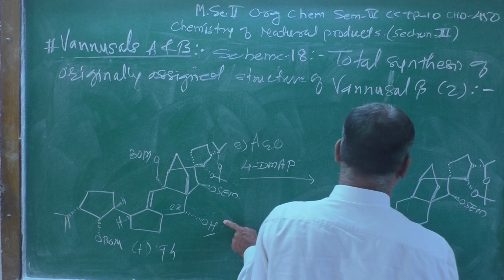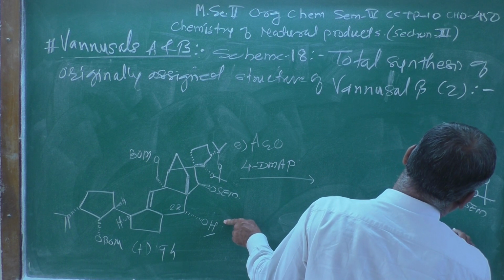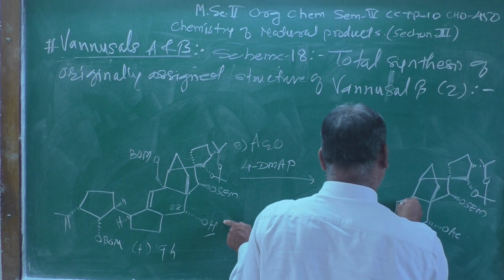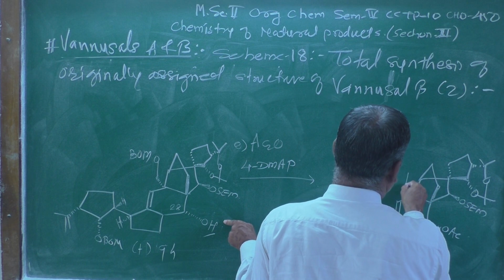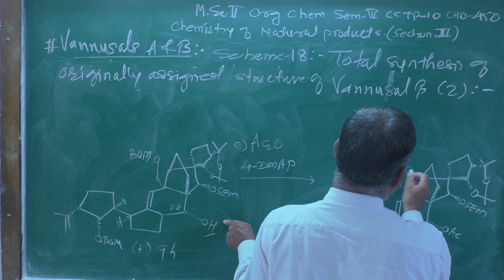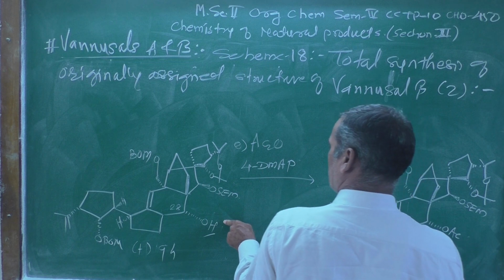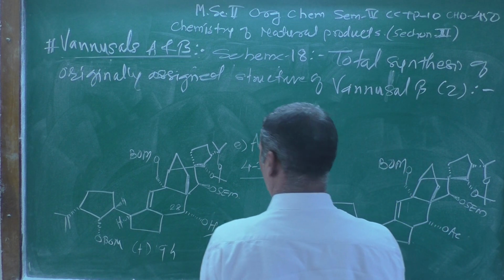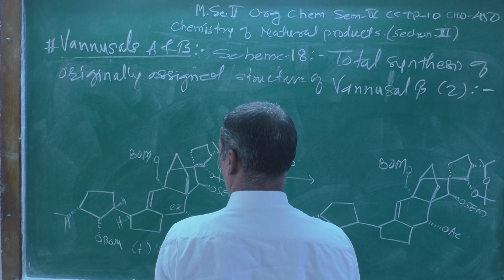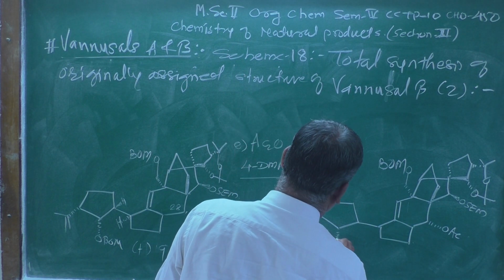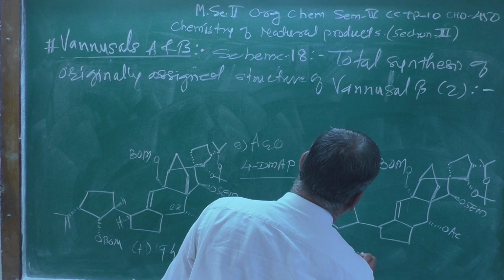Now this is the hydroxyl group which is below the plane. Now there is an acetyl group, the double bond remains as it is. The other primary hydroxyl protecting group remains as it is with BOM, and here the 5-membered ring present over here, isopropylidene, and the other group, that is OBOM.